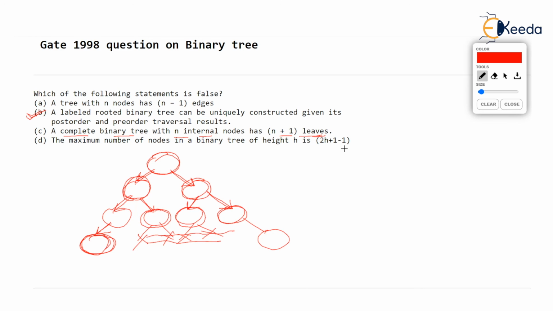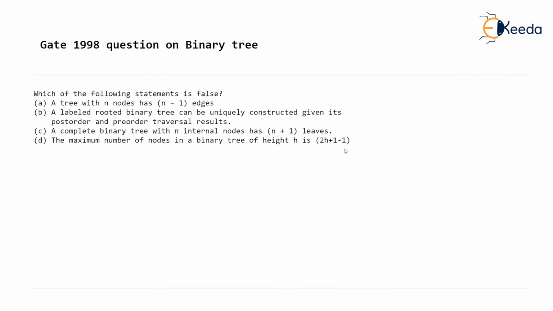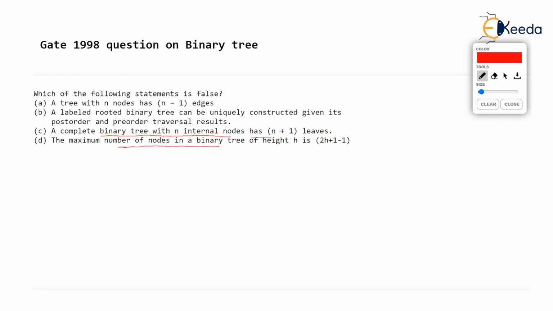In a complete binary tree, you have the children to the far left over here. By the way, they are asking about a complete binary tree with n internal nodes having n plus 1 leaves.